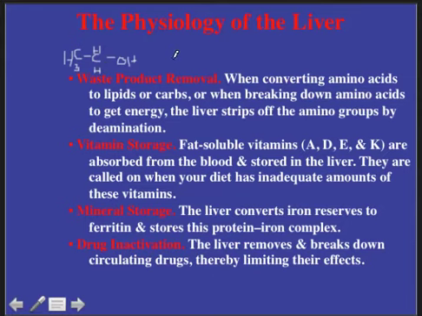Now, what happens in the liver to ethanol is that ethanol is, among other things, a source of fuel. Ethanol can be used to generate energy. And what happens in the liver is an enzyme called ADH, alcohol dehydrogenase, will oxidize ethanol and turn it into a molecule called acetaldehyde.